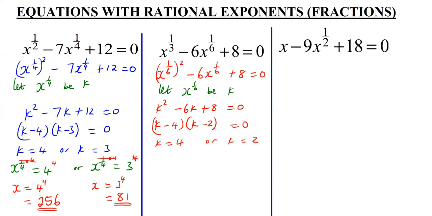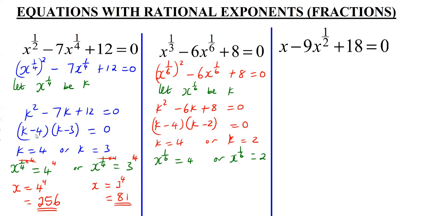And now what we do is that we're going to say x to the power 1 over 6 must be equal to 4, or x to the power 1 over 6 must be equal to 2. Now, let me just write a proper k there. We know what to do now.